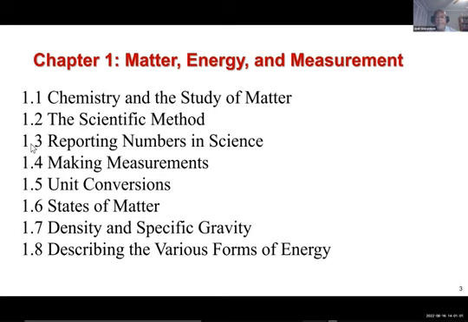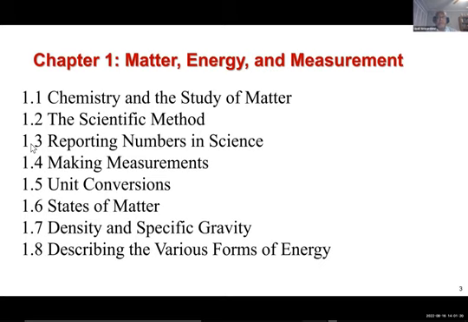How do you make measurements? What instruments are used in measuring objects? A ruler? Yes, length by ruler, mass by balance, temperature by thermometer, like that.